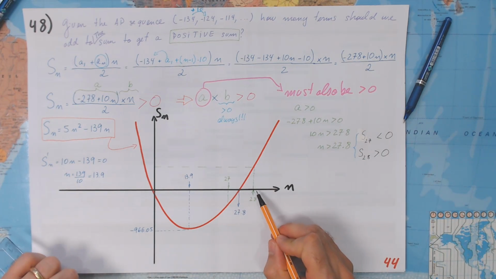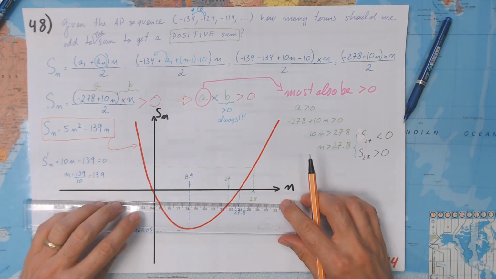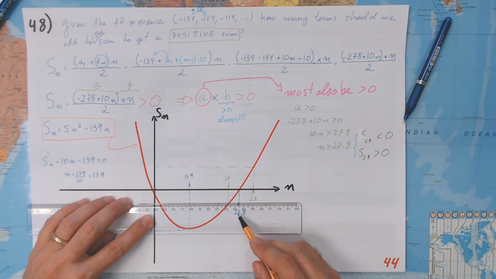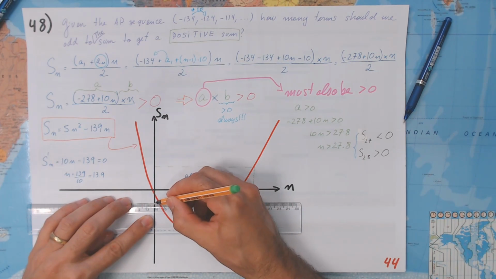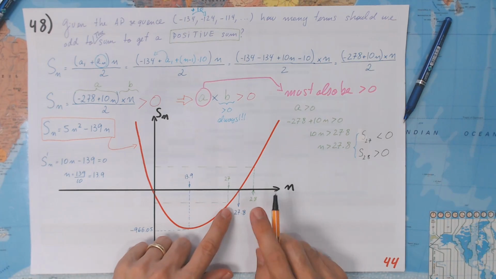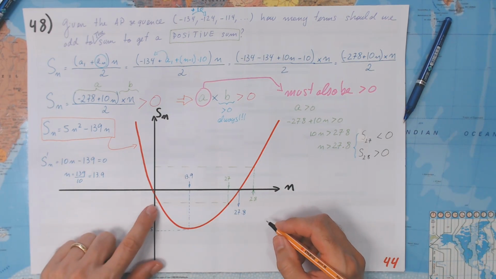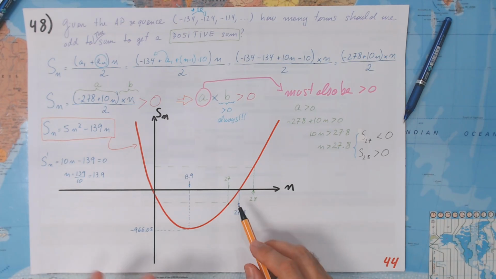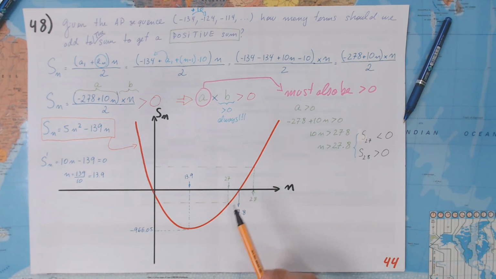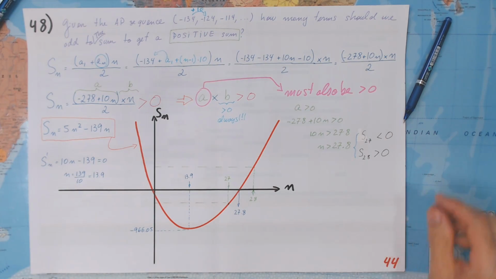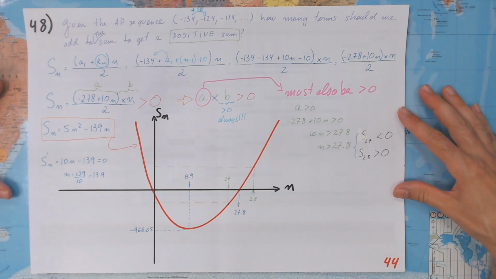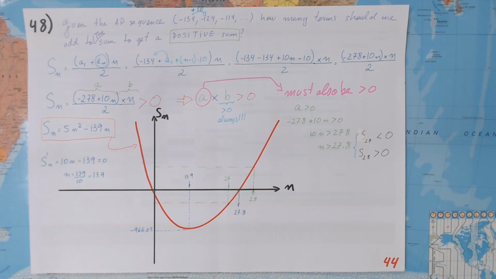For n equals 28, we are going to get a positive one. But if n is before 27.8, maybe just 27, we are still on the negative side of our summation, okay? And that's what it means. You have to go to the right to get a positive number, okay? It's just a curiosity, but it's just to show what is going on, okay? You just have to see this once, and then everything else is solved.